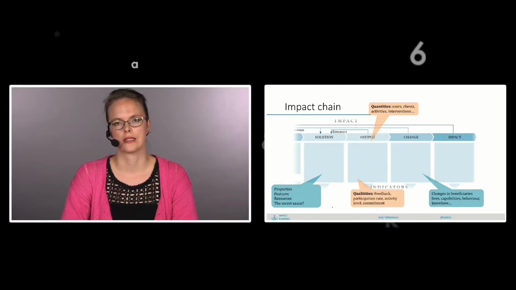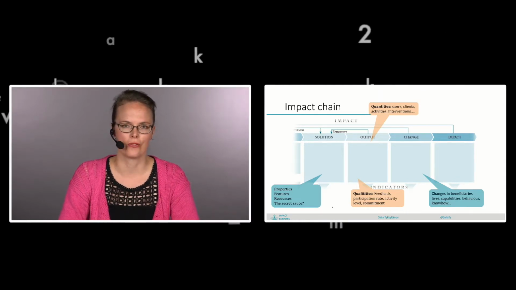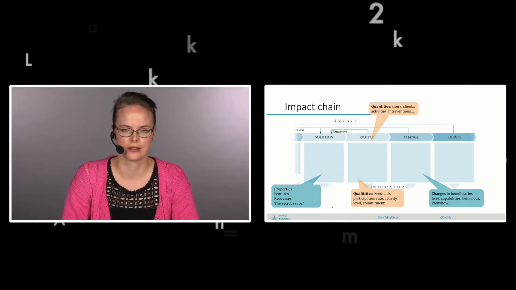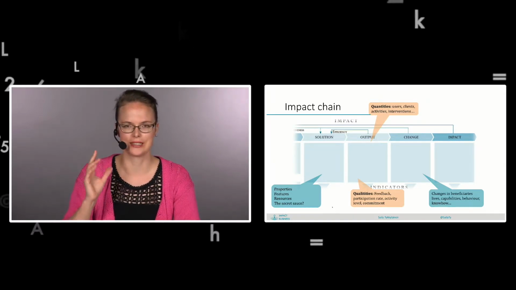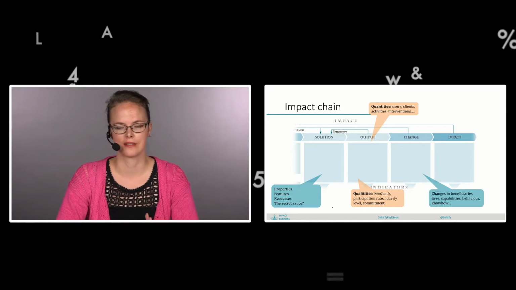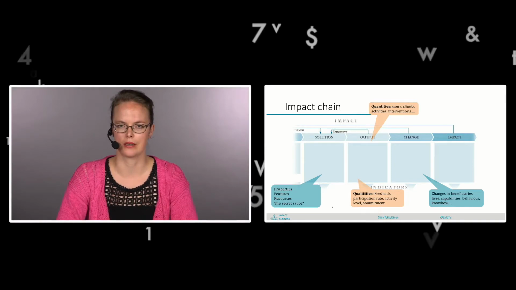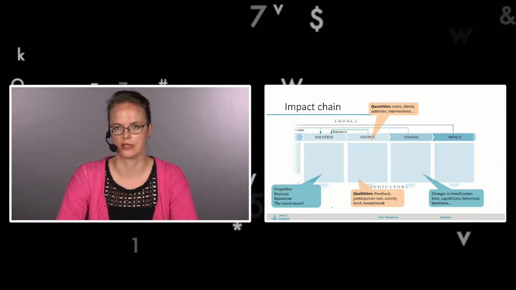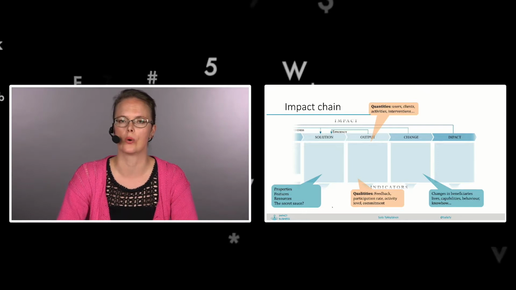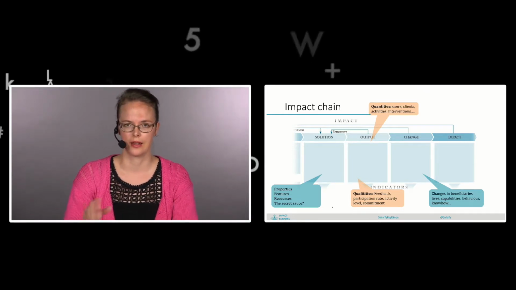And I noticed that when we call this stage of the impact model a change, it rings a bell more intuitively. So this change box is about describing the changes in beneficiaries' lives, capabilities, know-how, or behavioral patterns. And as I said, the goal already should be on this level.